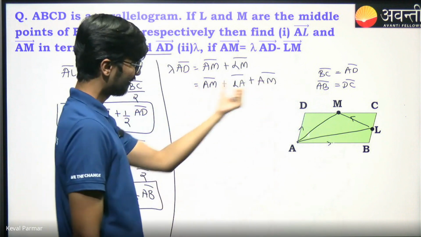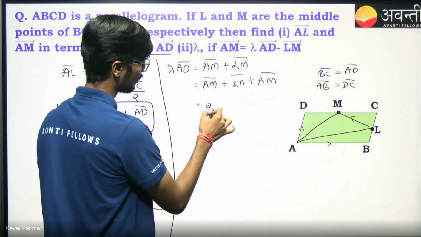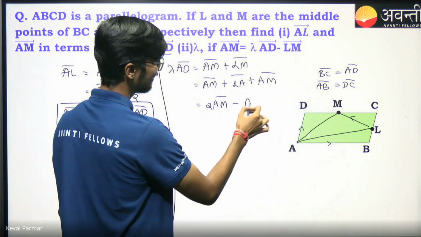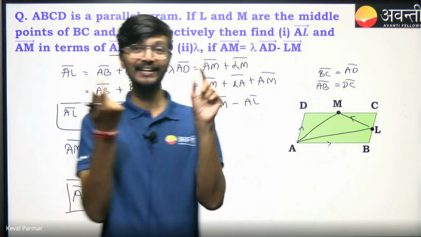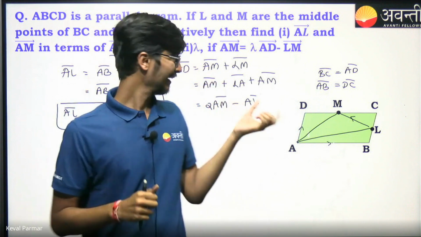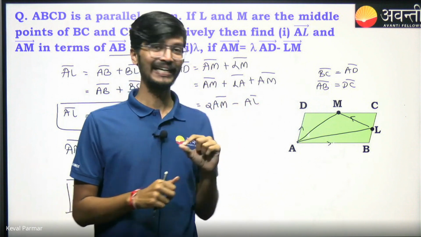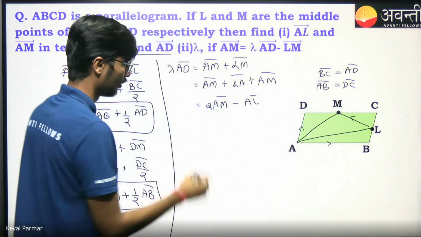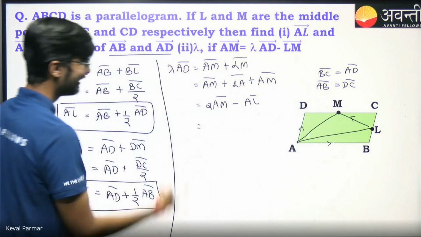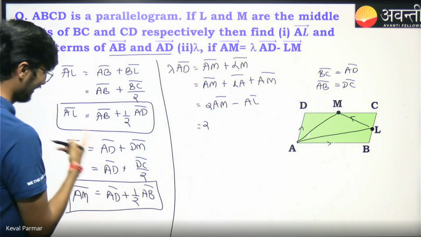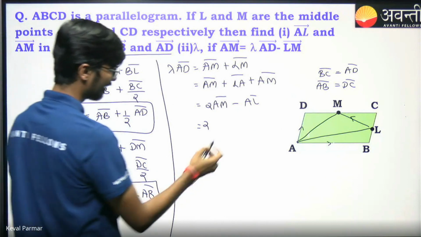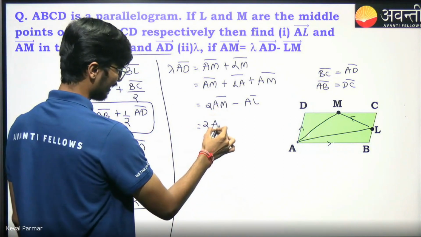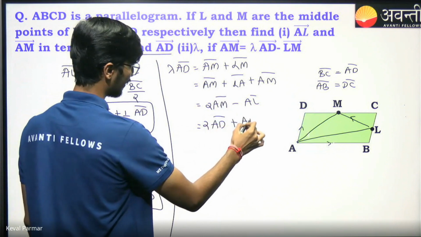Now here, AM bar plus AM bar, I'll get 2 AM bar. LA bar I can write as minus AL bar. I changed the direction of the vector. If I write LA bar as minus AL bar, I can easily swap the direction of vectors. So that means this will be 2 times AM bar, which is AD bar plus half AB bar. So 2 times AD bar plus AB bar.